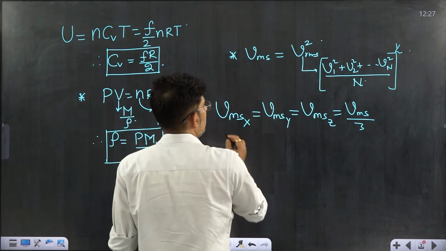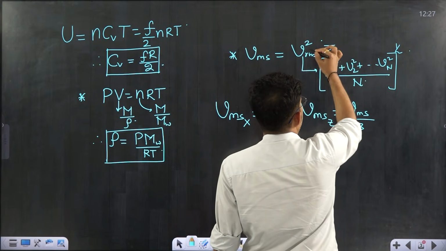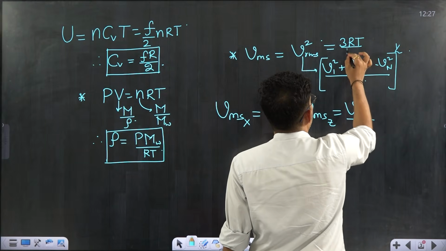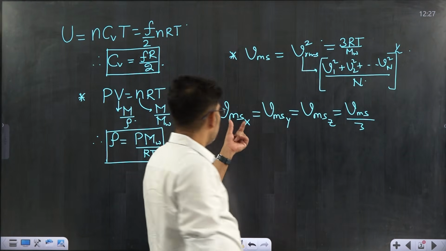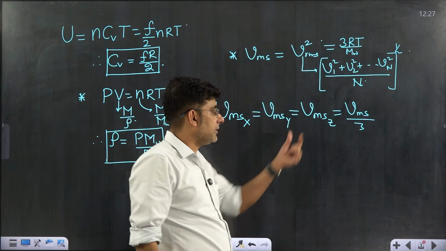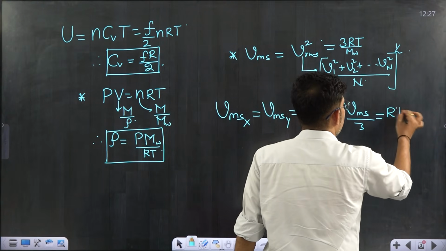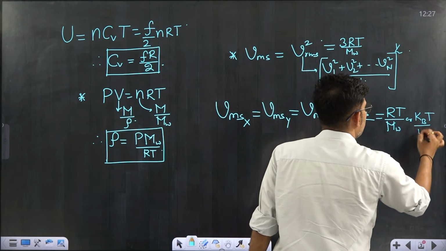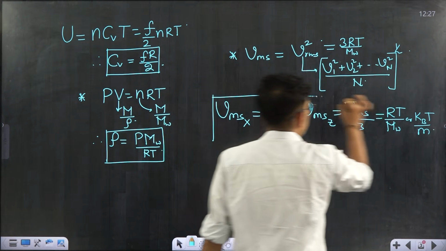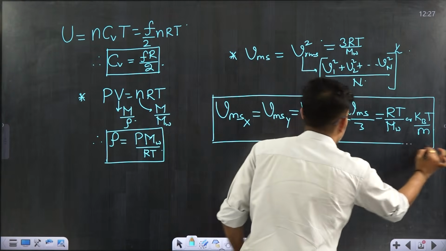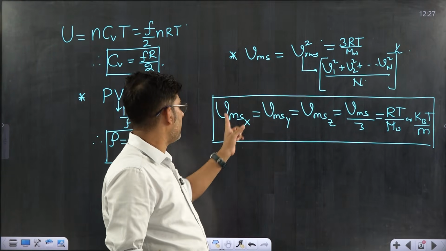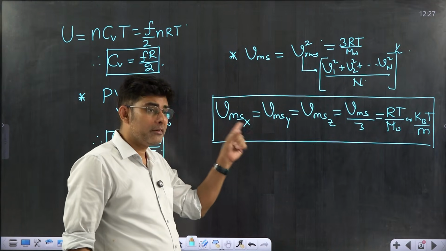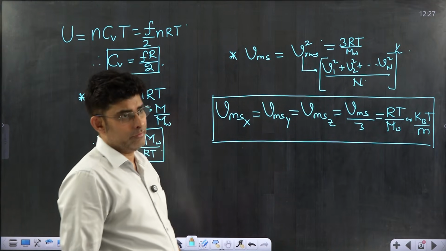So for Maxwellian gases, when we say Maxwellian gases, VRMS is root 3RT by molecular weight, so the mean square can be written as 3RT by molecular weight. So when they are asking the mean square of the x component, y component or z component, these are written as RT by molecular weight or kBT by mass of one molecule. So kindly remember this important result. So VMS is the mean square of speeds, whereas VMSx, VMSy, VMSz are called the mean square of x components, y components and z components of the velocities.